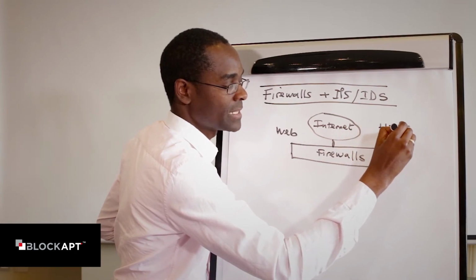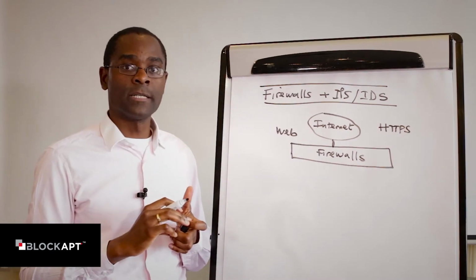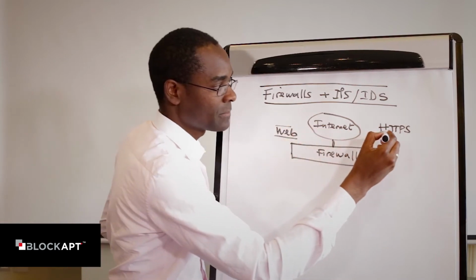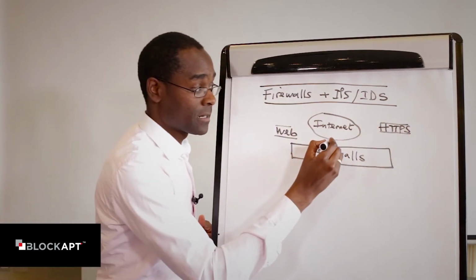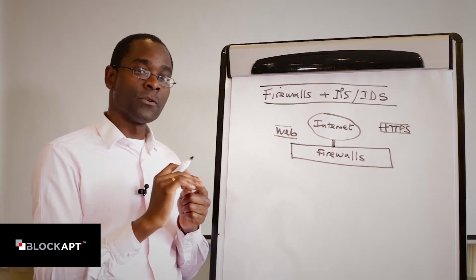That's just the way we browse securely using encrypted channels. So we can have web traffic coming in to a website, whether it's encrypted or not, and the firewall is going to allow that transaction. At the connectivity level, the firewall is doing that filtering.